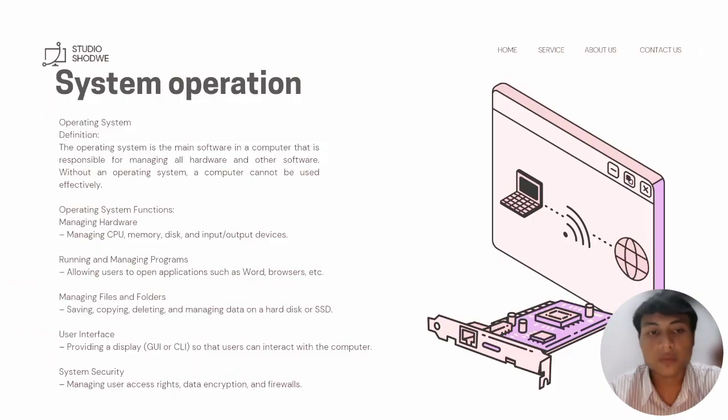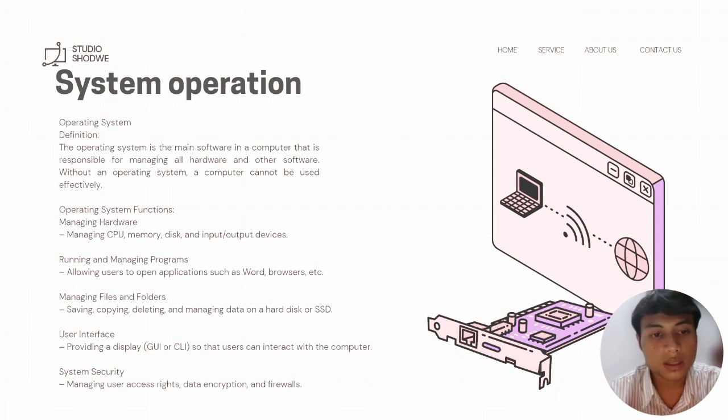In the system, the operating system is the main software in a computer that is responsible for managing all hardware and other software. Without an operating system, a computer cannot be used effectively.